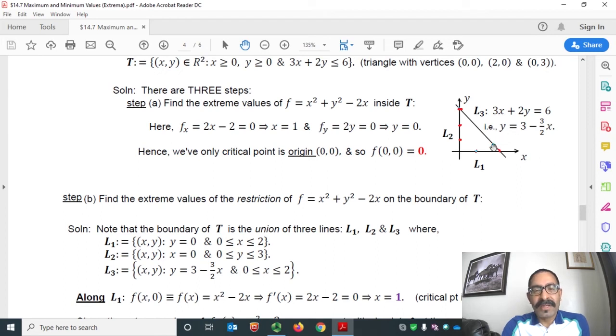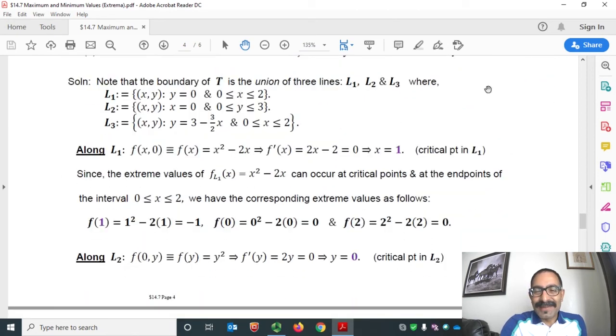So we found the critical point along L3 is here, and we need to evaluate our f at this point and at the endpoints: x equals 0 means y equals 3, and x equals 2. Awesome. That's my next step here.